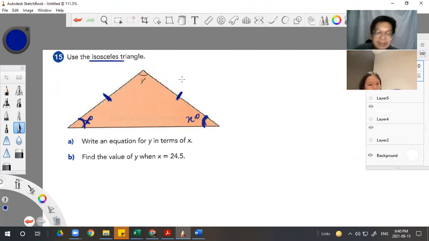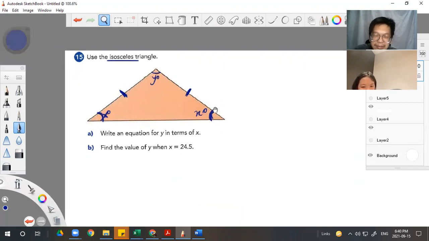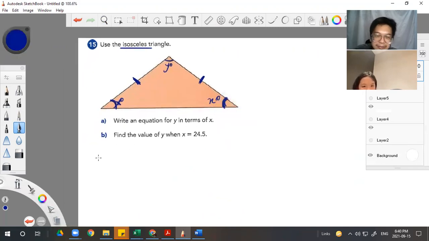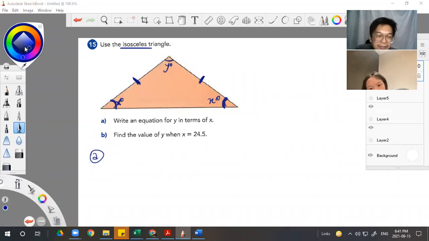Yeah. Okay, so what is the total angle on a triangle? Remember? What is the sum of the angles on a triangle?